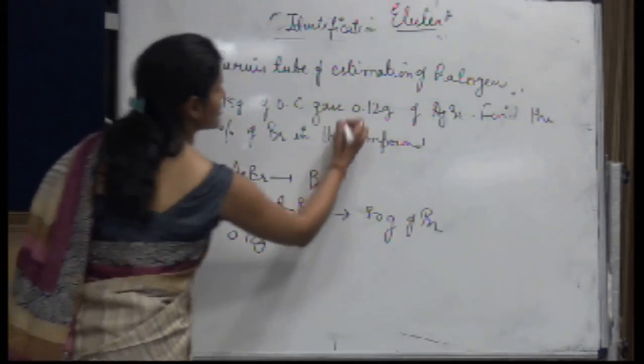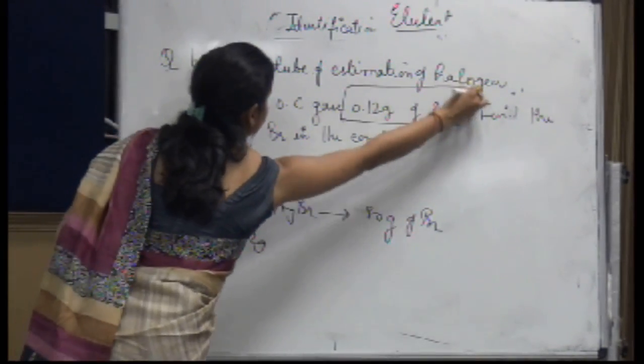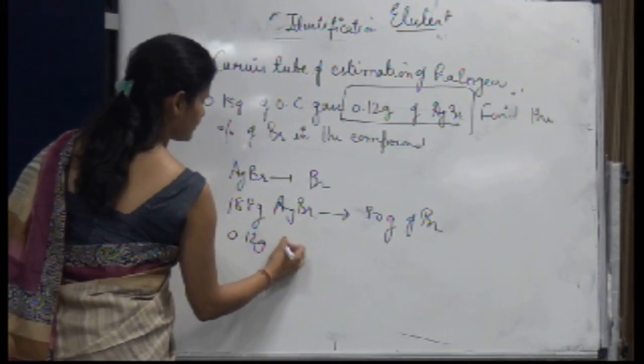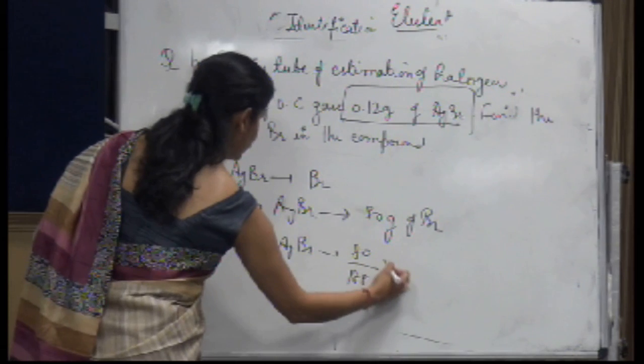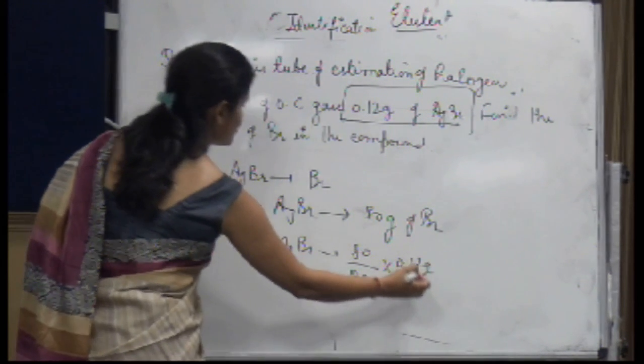0.12 grams of AgBr would give 80 by 188 into 0.12 grams of bromine.